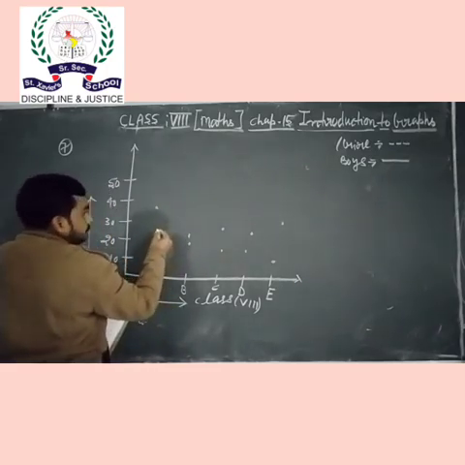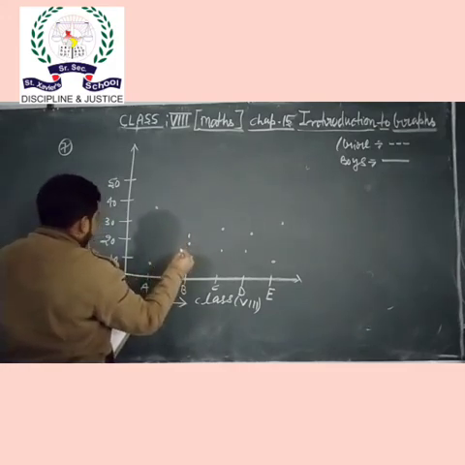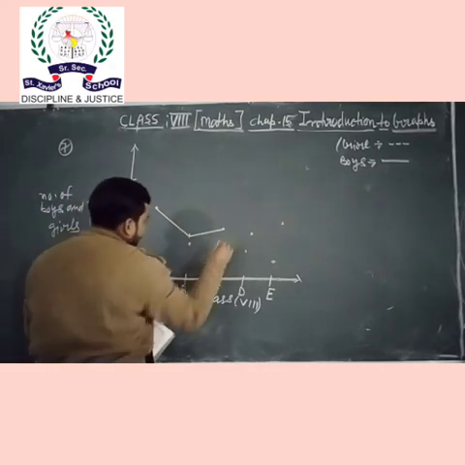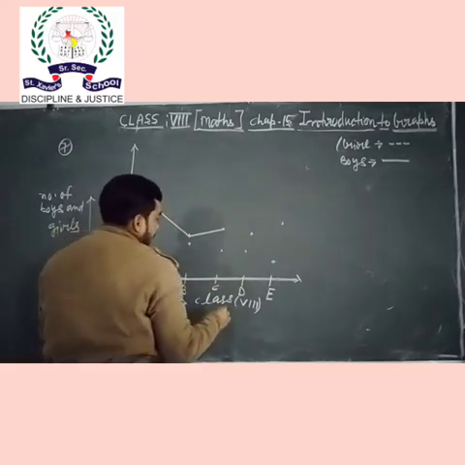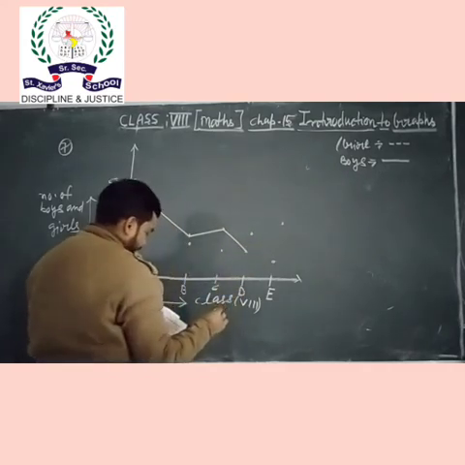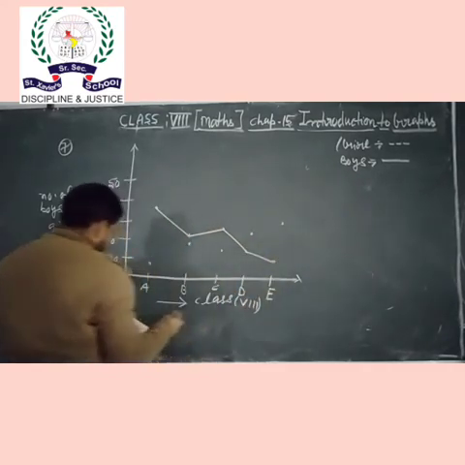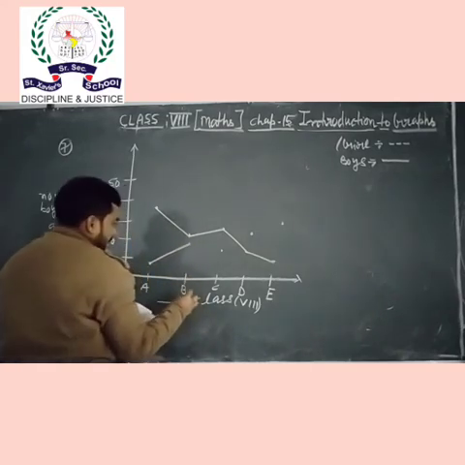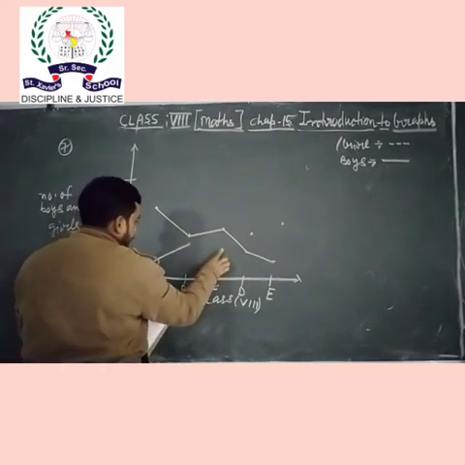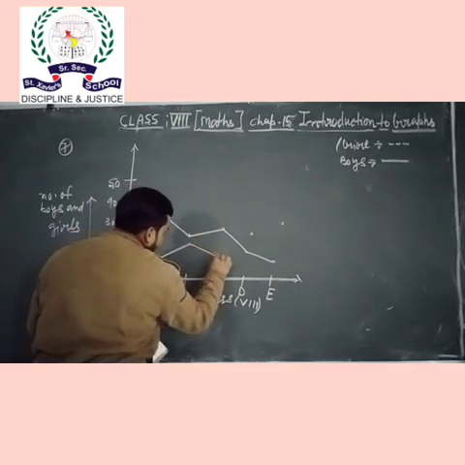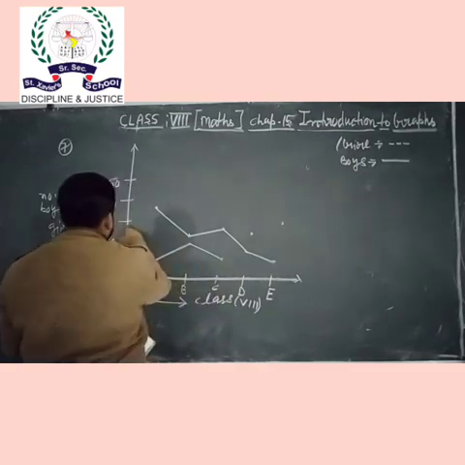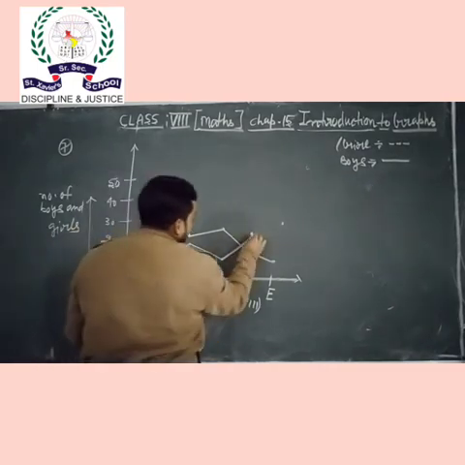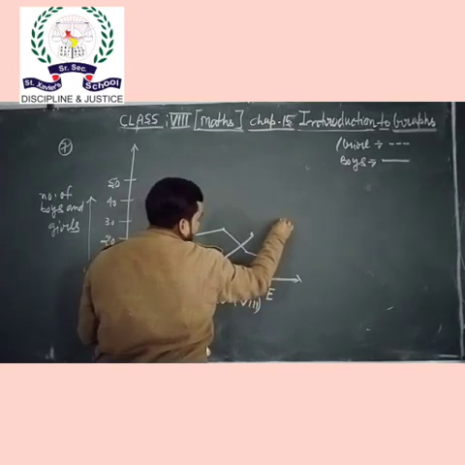Boys: 36, 24, 30, 18, 10. Girls: 8, 20, 15, 28, 35.